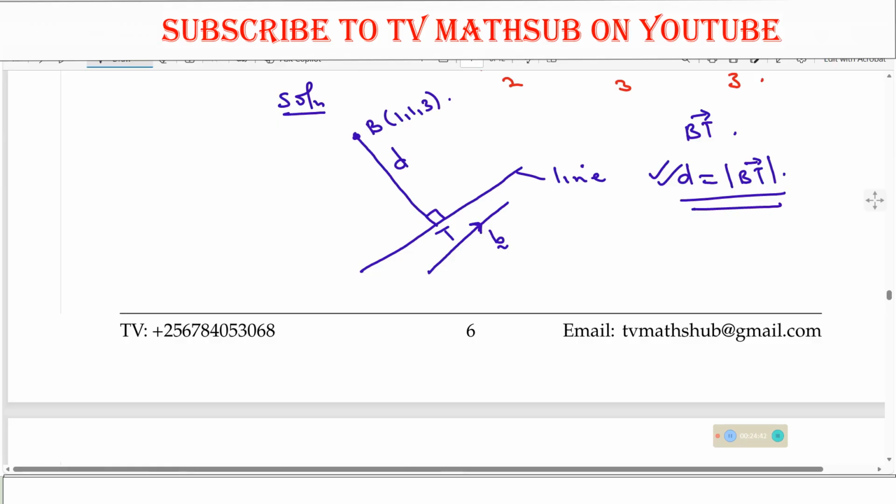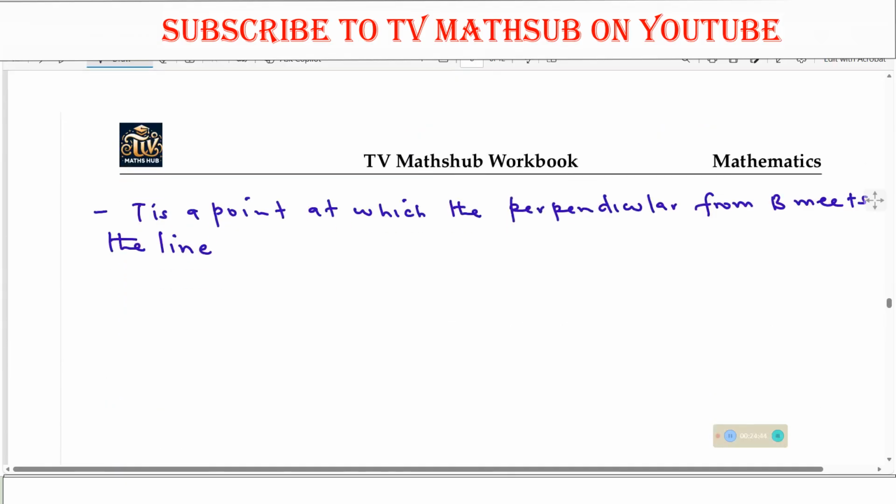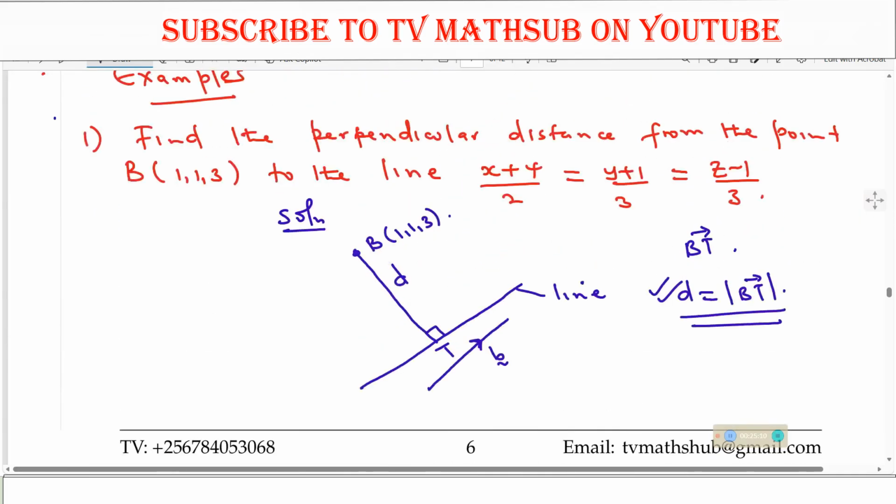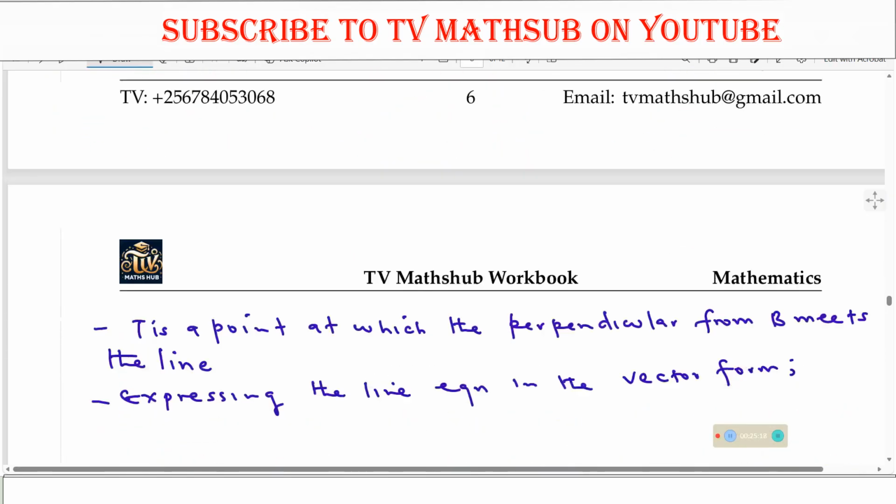So let us express the line in the vector form. Now, what we are given here is (x plus 4) over 2 is equal to (y plus 1) over 3, which is equal to z minus 1.